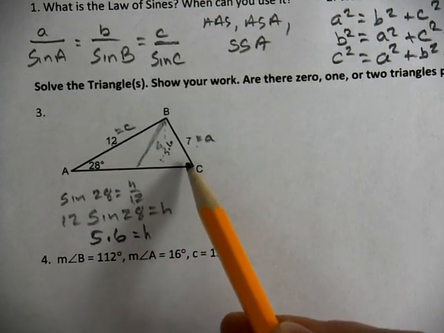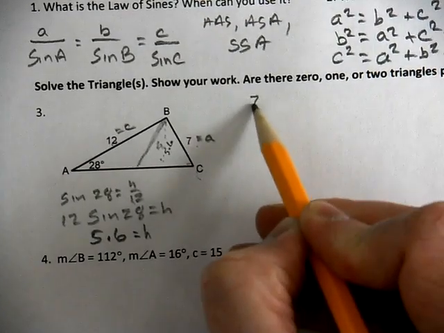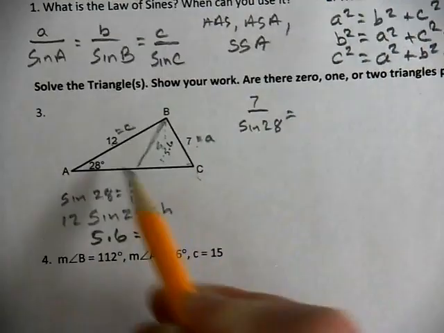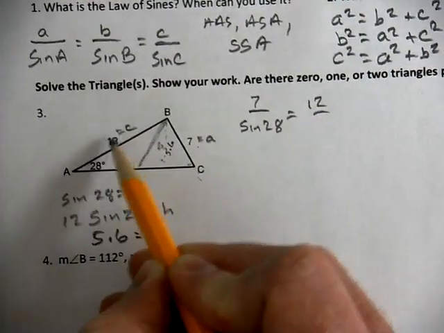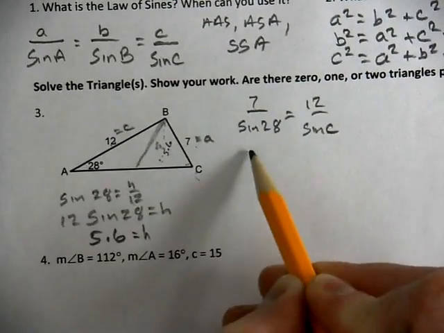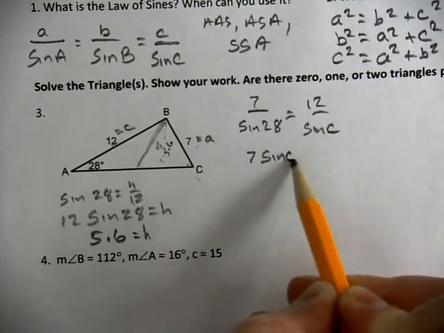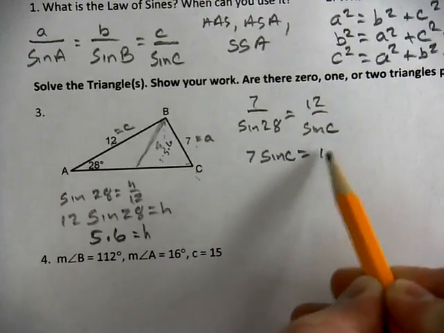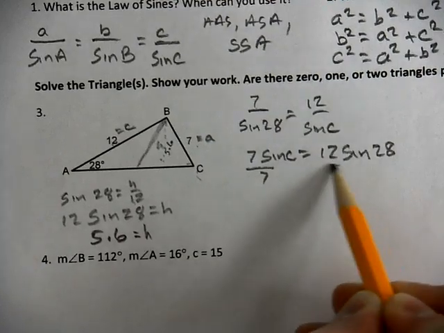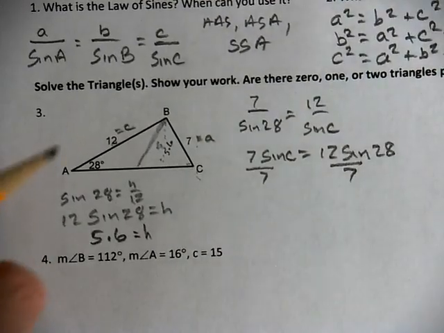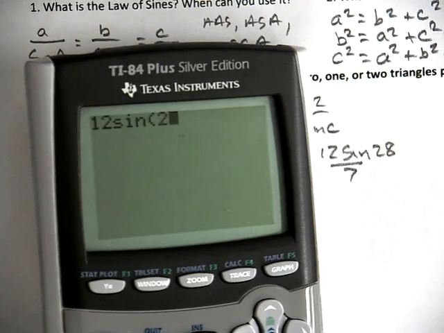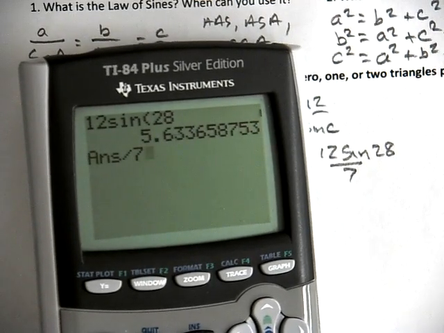We're going to first start out with the law of sines. So we have 7 over the sine of 28 equals 12 over sine of C. We multiply up. We divide by 7. So we get 12 sine of 28 divided by 7.